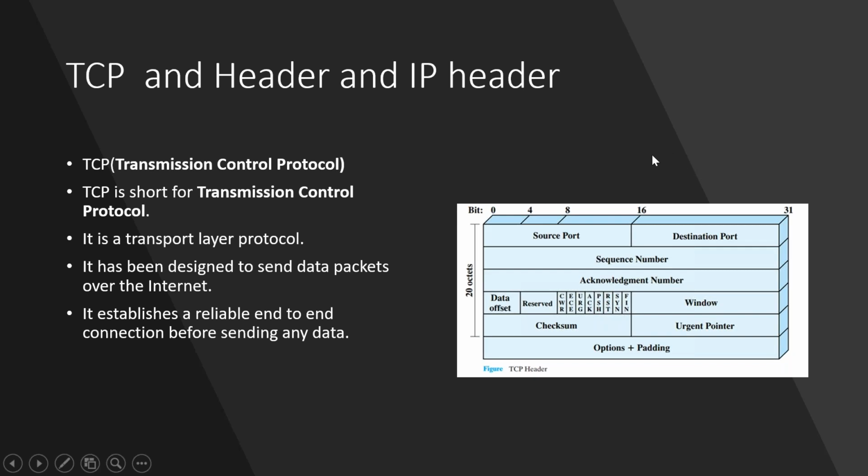I'll try to show it tomorrow in Wireshark, if possible, what happens when you try to access google.com. We'll capture the real-time packets and see the complete packet, what fields are set, and the different flags.